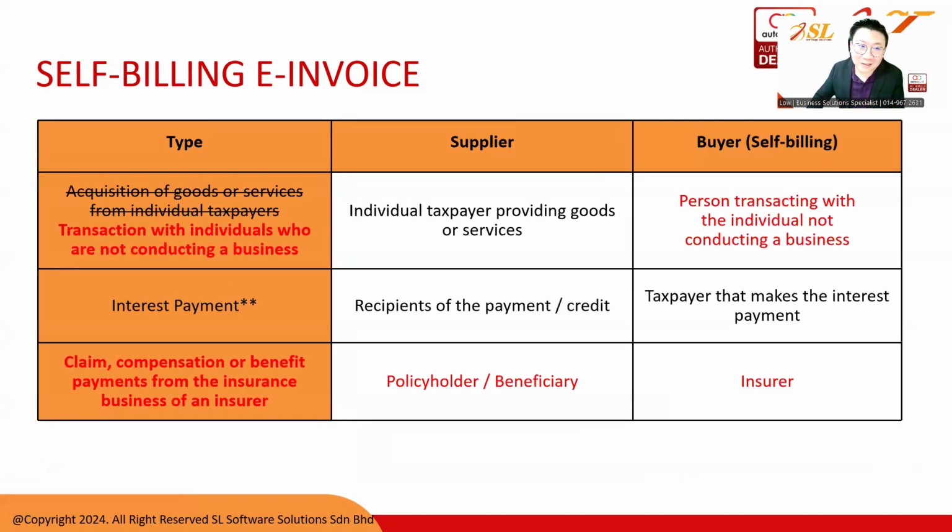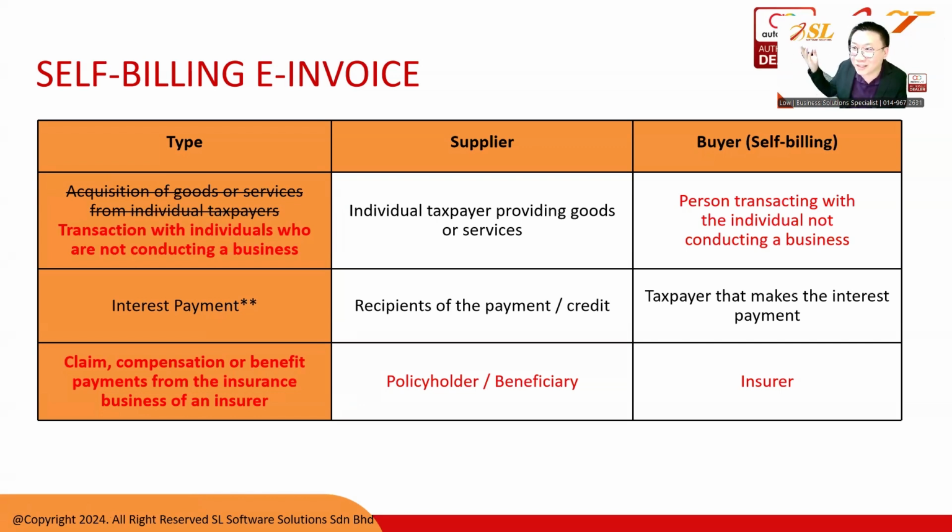So the last three. For the last three, I explain the interest payment first, and the insurance claim. Interest payment: I put money in the bank and then I earn interest. So the bank supposedly needs an invoice from you, for your interest income. That is not possible.